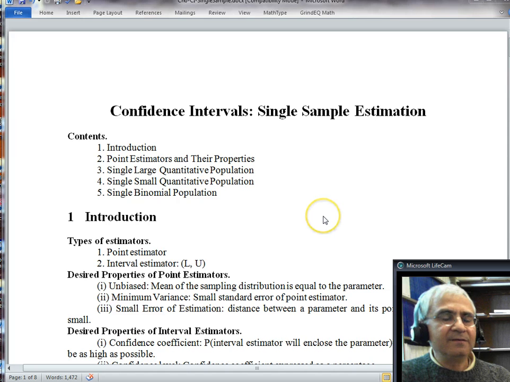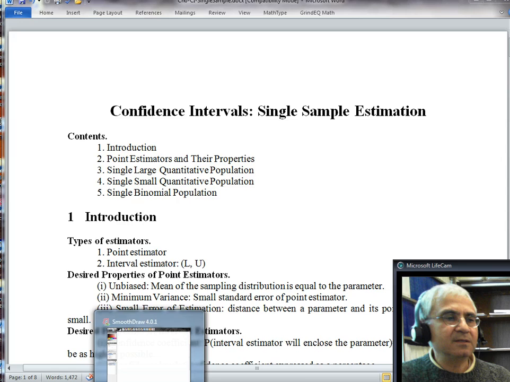So remember about the parameters we have studied. What did we study so far? We studied two kinds of populations: quantitative populations and binomial populations.